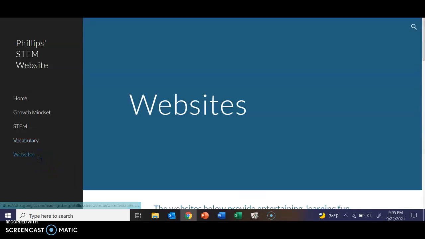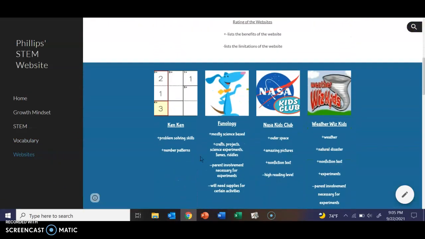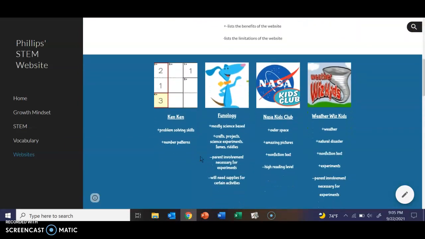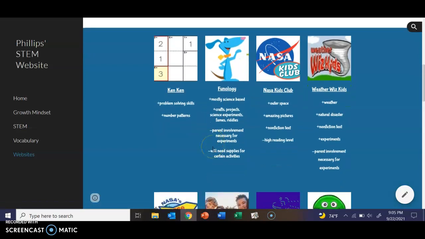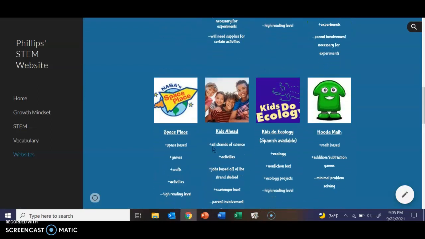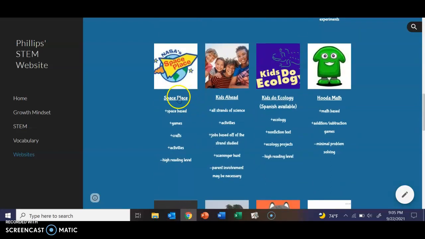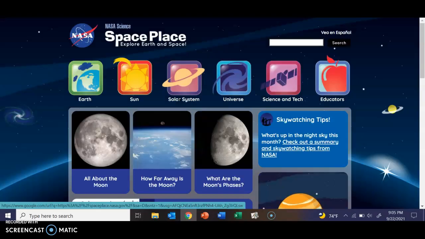And then my websites page, I spent a lot of time on. It has some positives and some negatives, and each one of these underlined headings actually is a link to whatever website we're talking about. So if we're talking about NASA Space Place, if I click on it, it will take me to NASA's website.